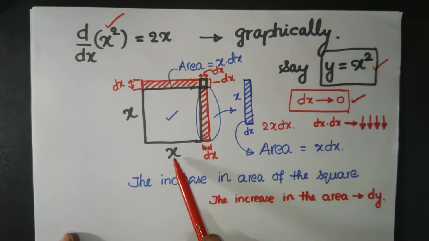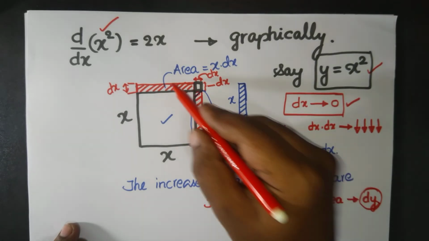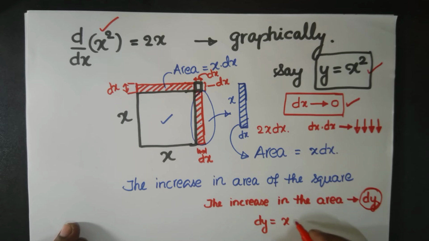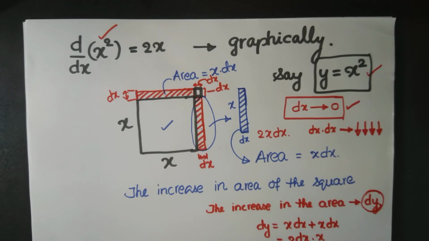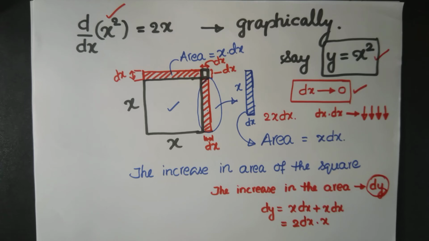Now because of incrementing x by a tiny amount dx, we have a new term, that is dy. Now this dy is nothing but the addition of these two areas. So x dx plus x dx, that is 2 dx multiplied by x.